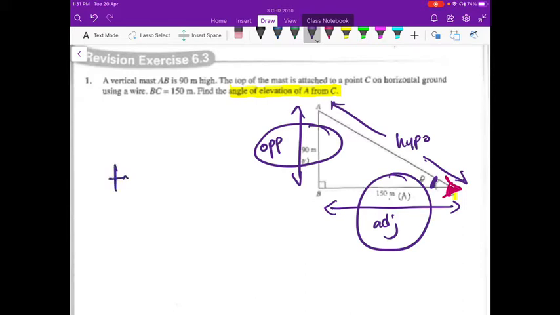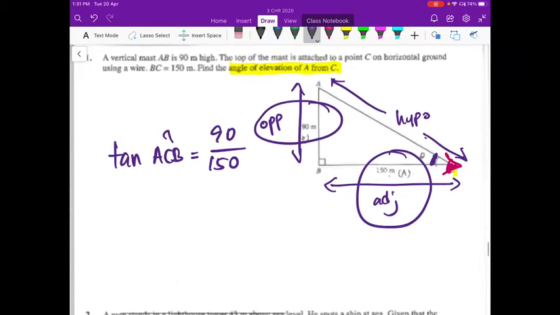Tangent. Okay, they didn't use theta, so let's use the angle. Tangent of the angle ACB is opposite 90 over adjacent 150. So to find the angle ACB, which is the angle of elevation, tangent inverse.